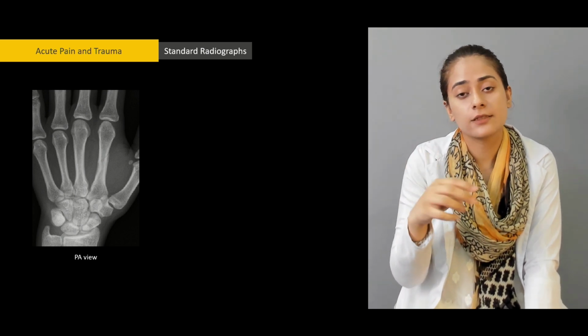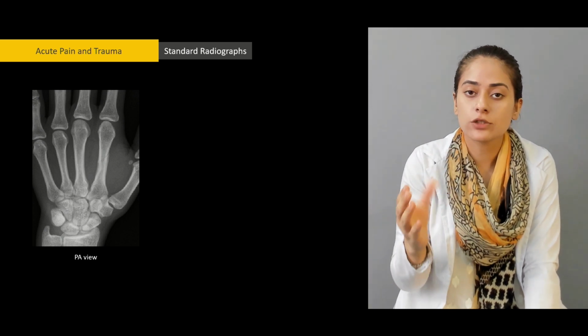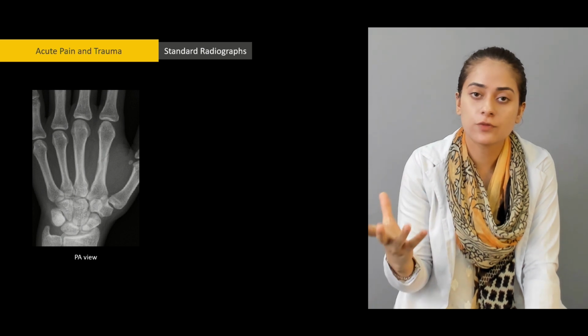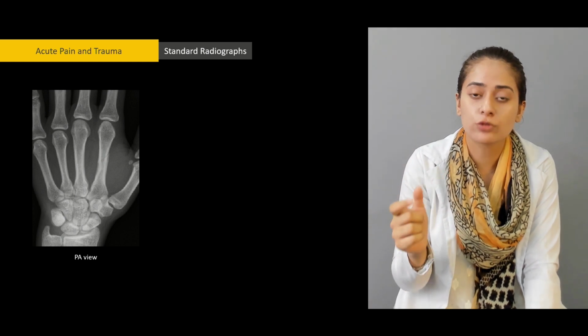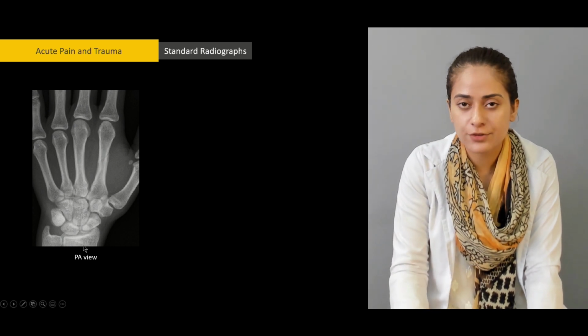Pisiform is the last carpal bone to ossify, and in a child below the age of 12, the pisiform is not ossified and is not visible. So this is an adult x-ray.